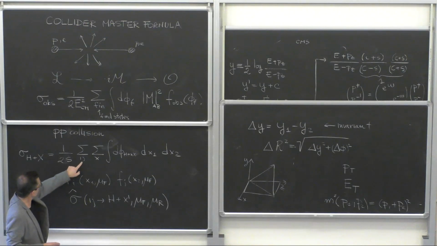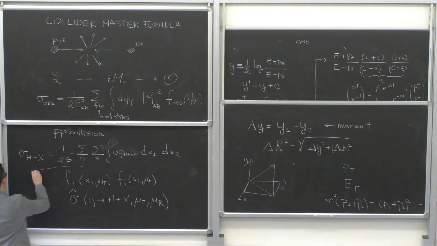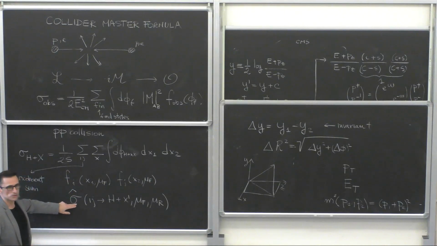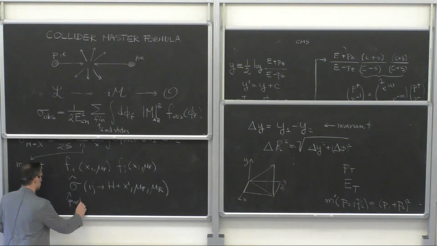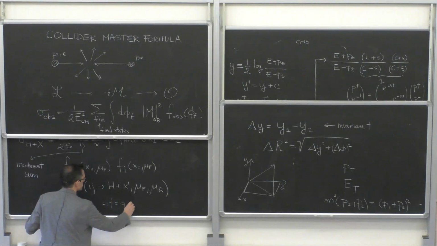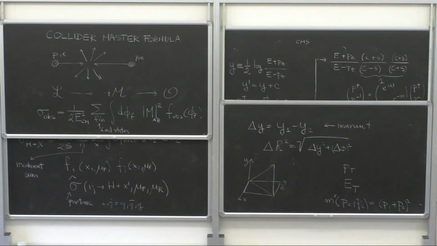So the first one, you see that we have written our cross-section as an incoherent sum over the partons. So this, which I call a short distance cross-section, is the partonic cross-section. And i and j can be quarks, anti-quarks, or gluons, which are the components which I find in my bag.